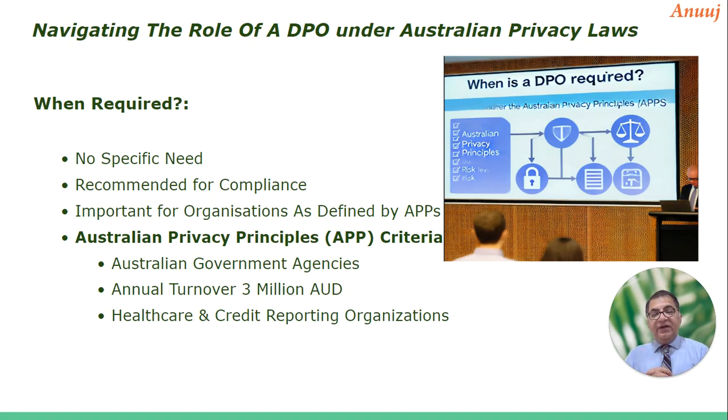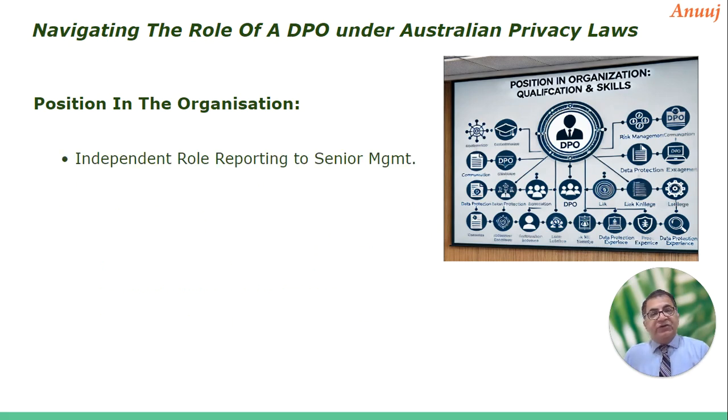So this is the criteria where and why you would have a DPO when it comes to the Australian laws. His position is independent and is reporting into senior management.